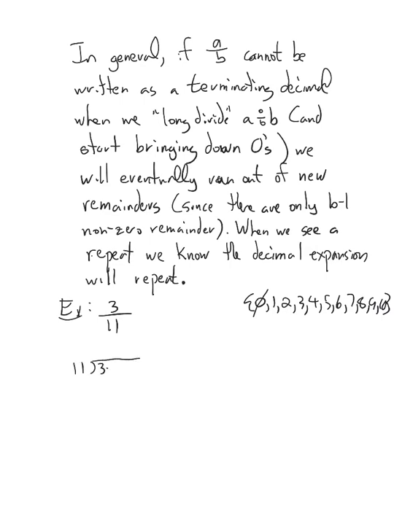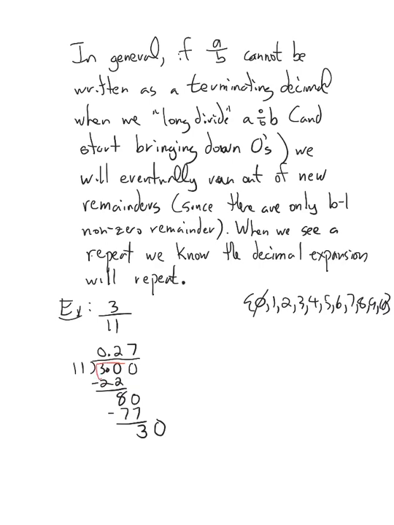So we get 11 goes into 30 twice. Remainder of 8, bring down our next 0. 11 goes into 80 7 times. 7 times 11 is 77. Get a remainder of 3. Bring down our 0, but we've already done this.